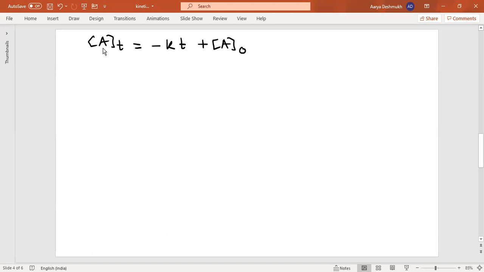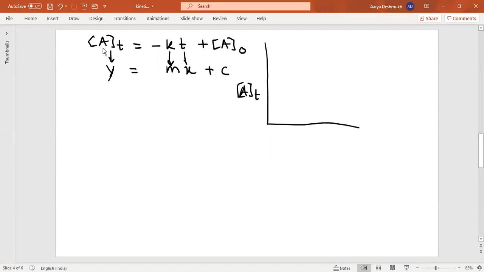If you compare this with the straight line equation y equals mx plus c, it is very clear what should be taken on the y-axis and x-axis. Concentration of A at time t is y, the slope is minus k, and time t is plotted on the x-axis. So if you plot time t versus [A]t, you will get such a graph.